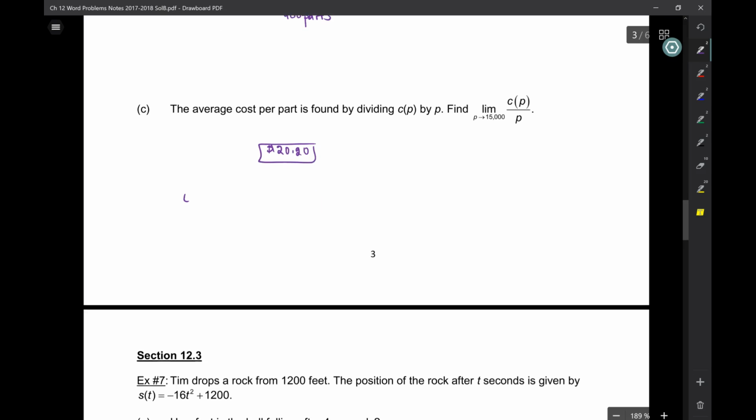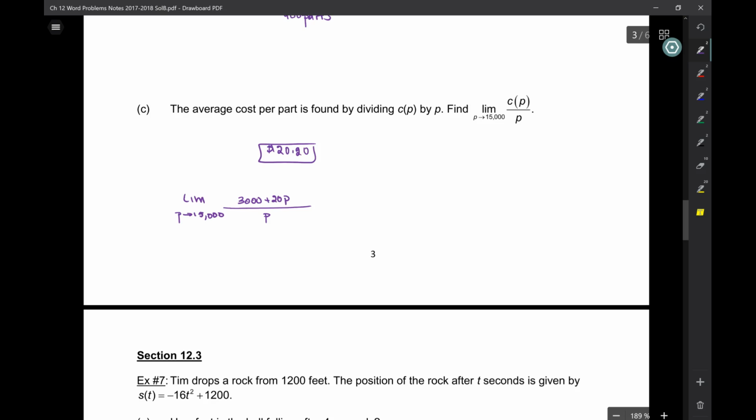So this will be the limit as P approaches 15,000 of C of P, which was 3,000 plus 20P over P, right? So what is this, by the way? This is the average cost per part, right? As what does P stand for?